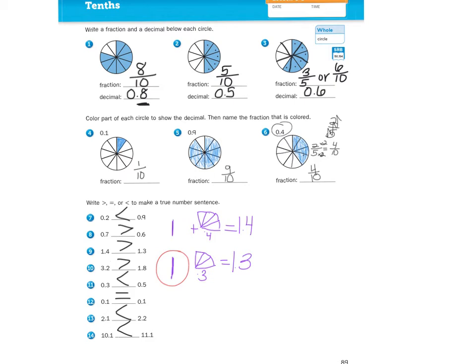And you're going to have to write the fraction and the decimal. Okay, and then there's a number line where you're going to write what decimal or what fraction is represented. So pay attention, it's a number line with 0 and 1. So it's a decimal or a fraction in between 0 and 1.